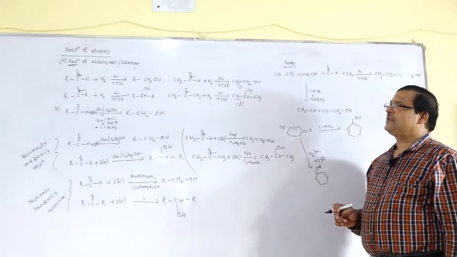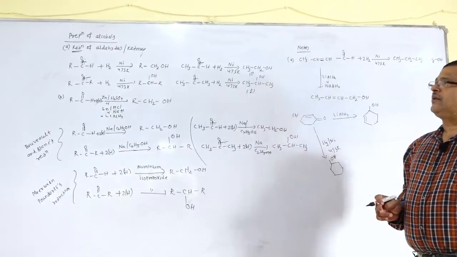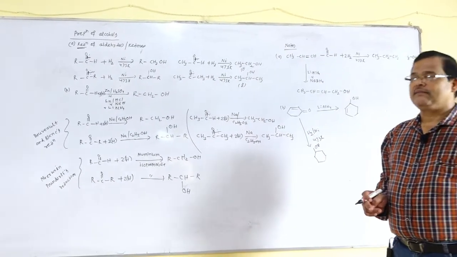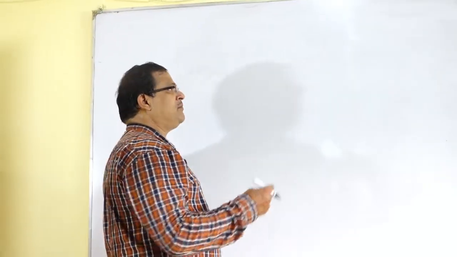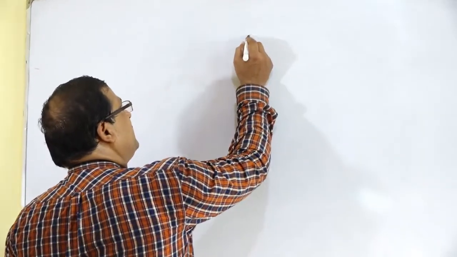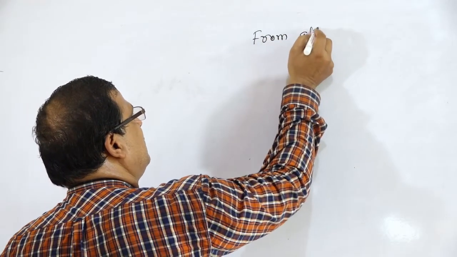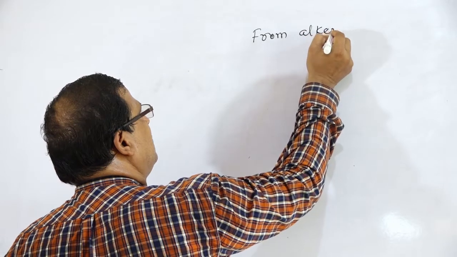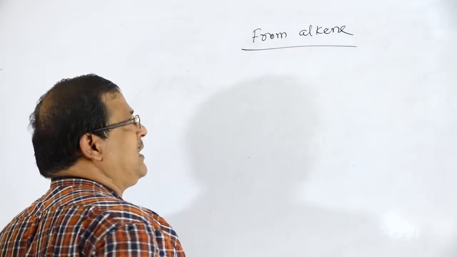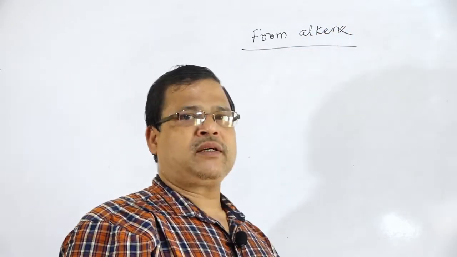Next we will go for the preparation of alcohols from alkenes. Next method of preparation is alcohols from alkene. From alkene we can adopt three methods.